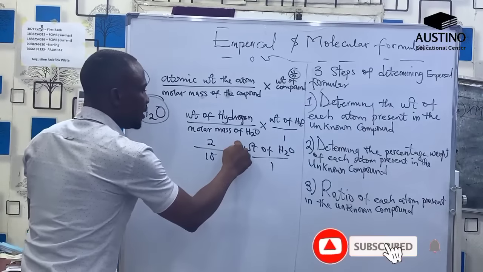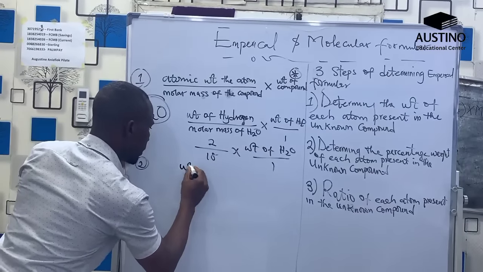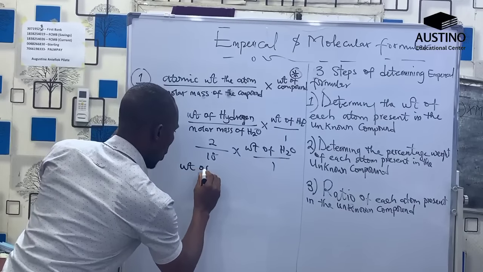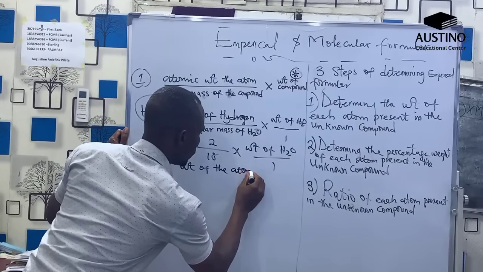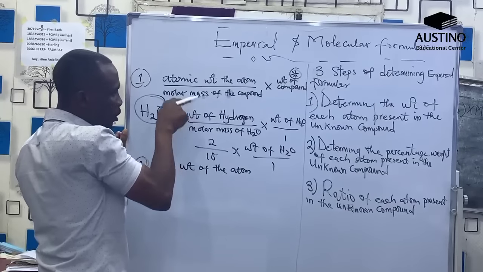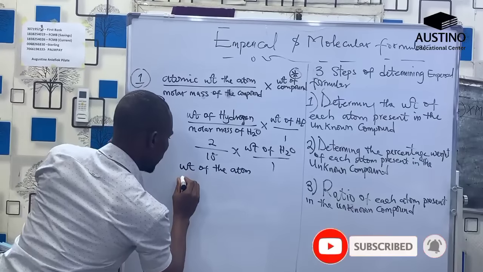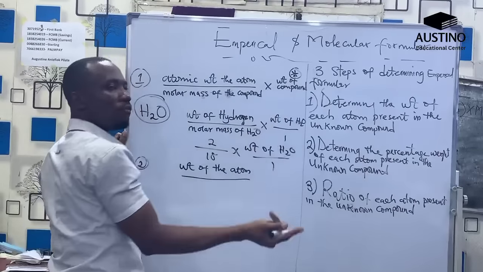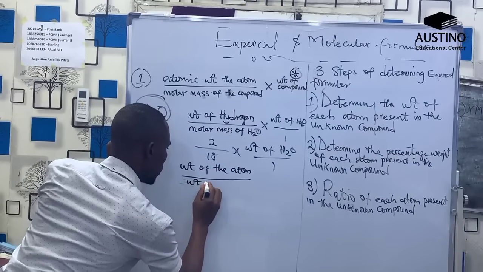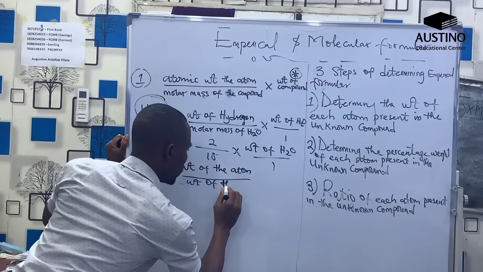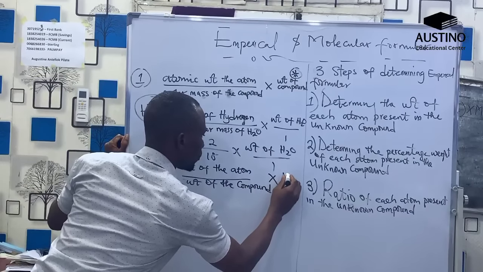All you do is, the weight of the atom, the one you get from number 1, divide by the weight of the compound. Of course, we are dealing with percentage, so that will give us 100/1.